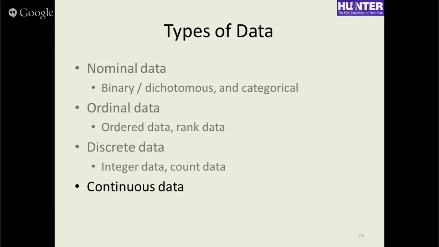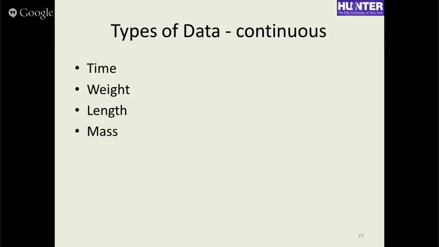Finally, continuous data. So, continuous data are things that have decimals and any value is possible. So, time, weight, length, mass, and you can rightfully point out that, you know, maybe time is measured in seconds or hundredths of seconds, and your timepiece only takes discrete measurements.